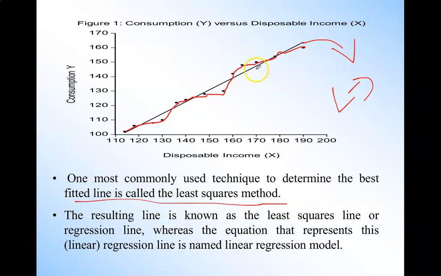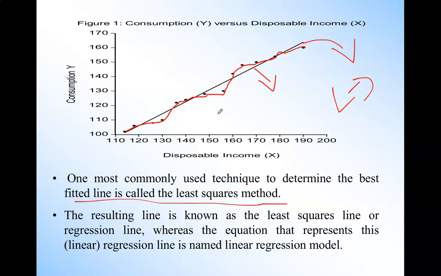The best fitted line is the straight line that we understand, right? But the original line is not as straight as that. But it's okay because that's the best we can represent it. This resulting line is known as the least squares line or the regression line, whereas the equation that represents this linear regression is called the linear regression model.